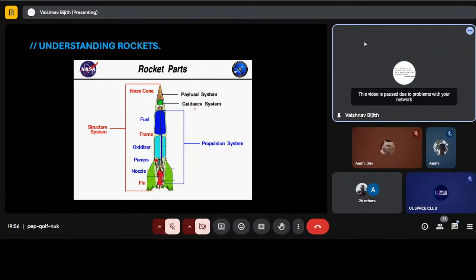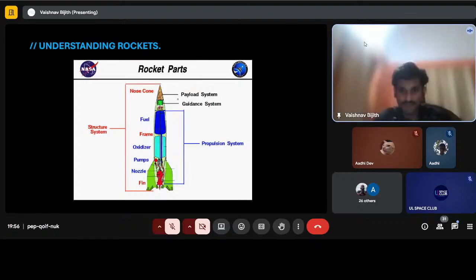You want to put a rover on Mars, or a lander on the Moon, or some scientific instruments, all these things, even human missions to space, the humans reside in these payload systems. So we can say that the payload system is one of the most important aspects of a rocket, as it defines the purpose of the rocket.